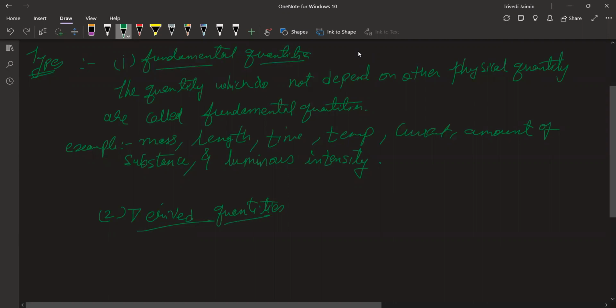So can someone make a definition of this one? The quantities which are derived from the fundamental quantities are known as derived quantities. Exactly.